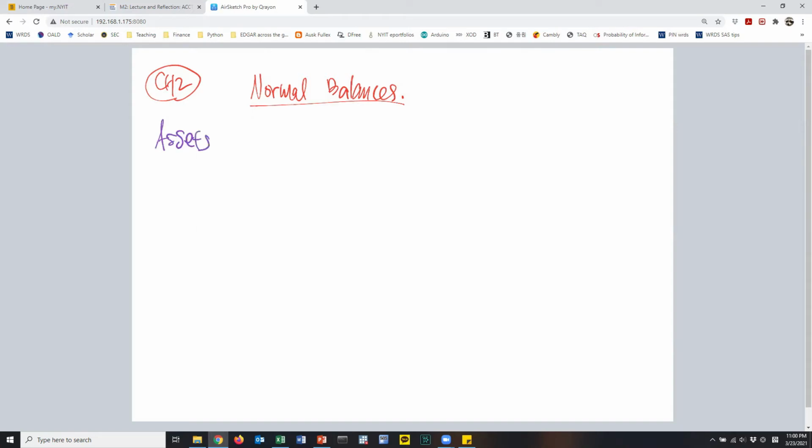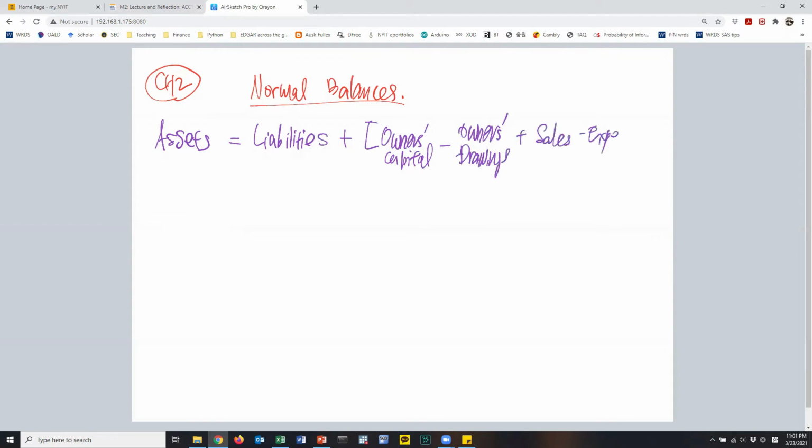Assets is on the left side of the equation. And on the right-hand side, we have liabilities and equity, right? But we studied that equity can be decomposed into several different components, such as owner's capital minus owner's drawing plus sales minus expenses, right?